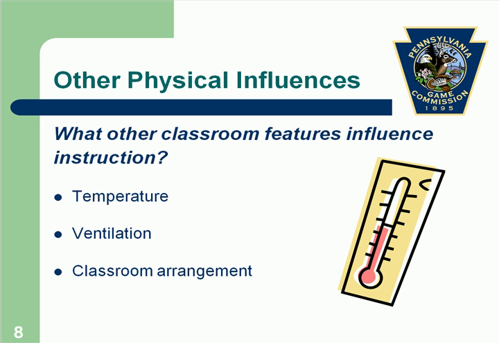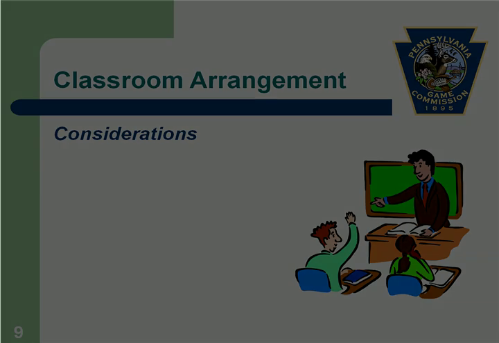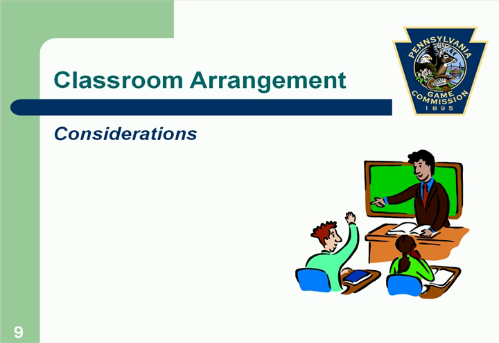Let's take a look at classroom arrangement a little more closely. What are some considerations you should keep in mind when setting up your classroom? There are positive and negative considerations with certain classroom arrangements. Communication with students and among students for group activities.